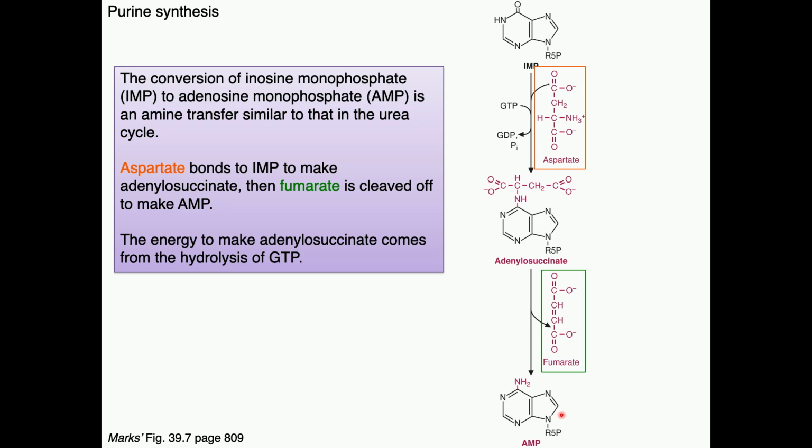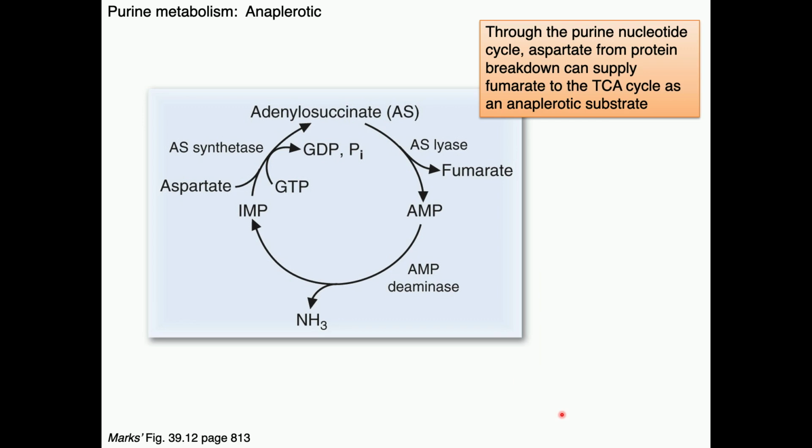Okay, so this biosynthesis pathway of adenosine monophosphate is something that we've seen before with our purine nucleotide cycle as an anaplerotic reaction in the TCA cycle. So if you remember the adenosine monophosphate deaminase reaction and myoadenylate deaminase deficiency, remember that condition?